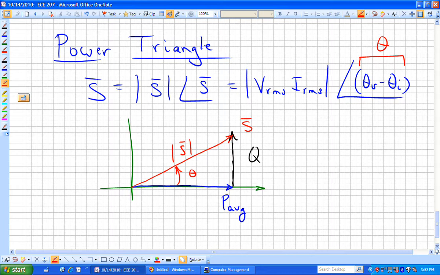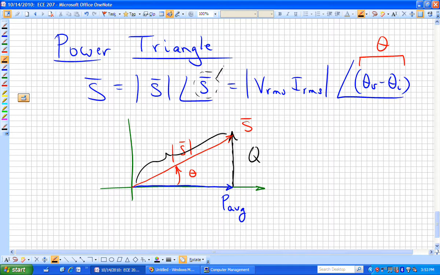Right, but you wrote it as S bar. Oh, I mean S bar is this length. Right, as the magnitude, and the phase angle you also wrote right above. Right here or right here? What I mean here is that's the angle of S bar.